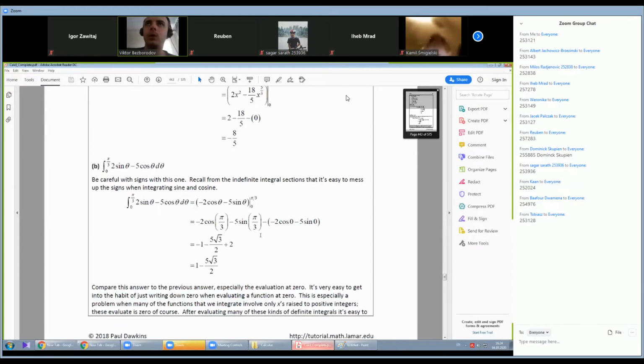When doing the evaluation at 0, you mustn't disregard f of 0 as 0, right? You must still plug in, as with any other number, because in this case, this is what they get. This is minus the function of 0. In these parentheses, you have the function of 0.